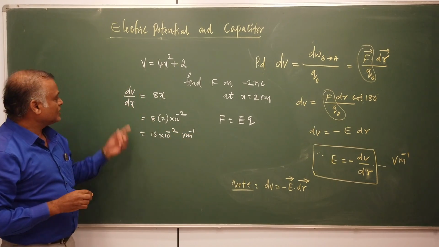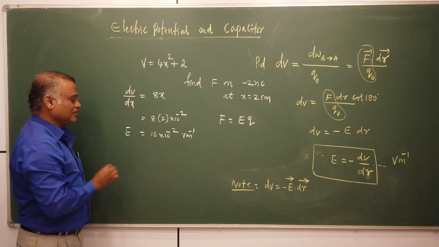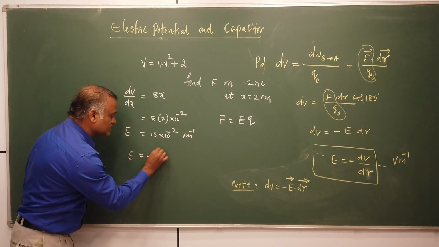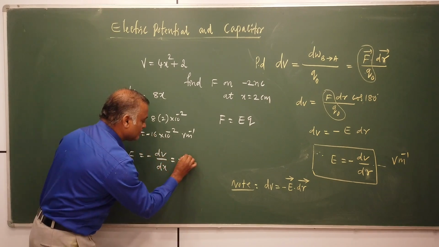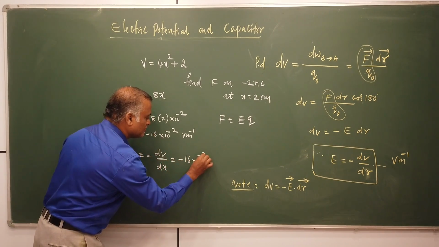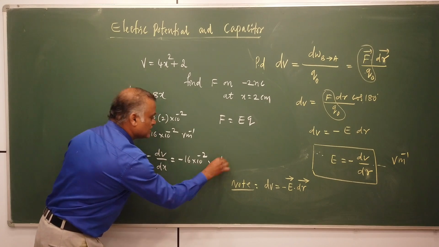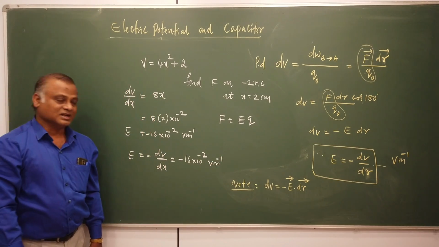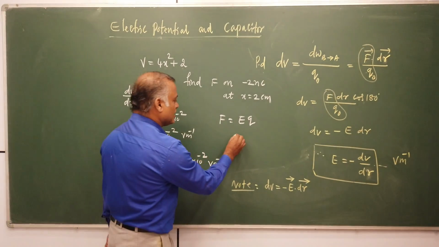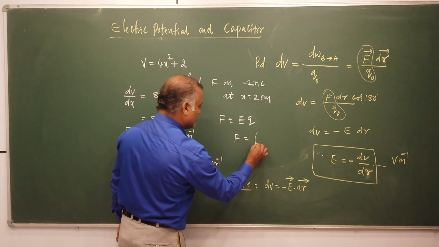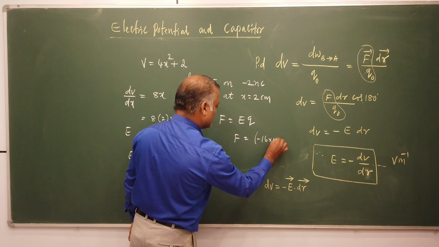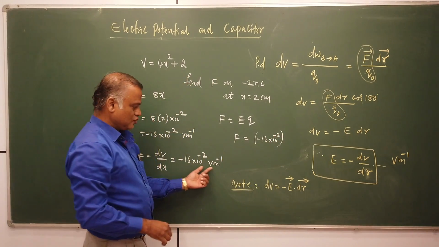What have they asked? Now you got this electric intensity. Now I got E is equal to minus dV by dx. That is equal to, how much can you write? Minus 16 into 10 to the power of minus 2 volts per meter. Now what did they ask? They are asking the force. Therefore, F is equal to, can you answer? The electric field is minus 16 into 10 to the power of minus 2 volt per meter.